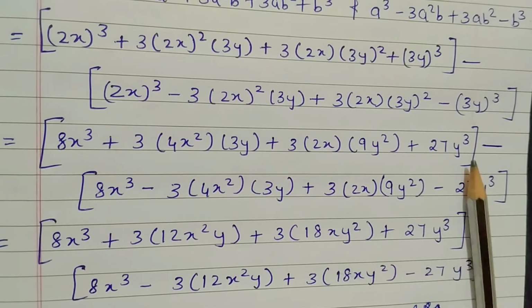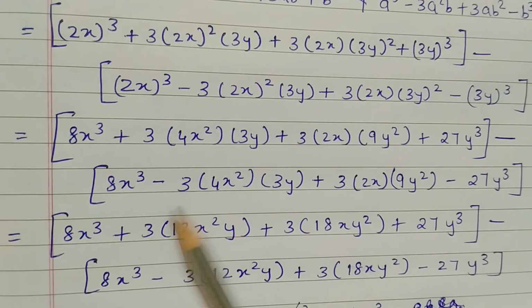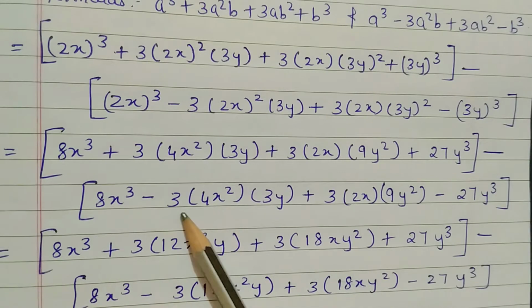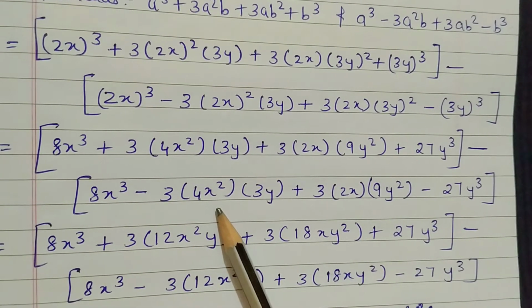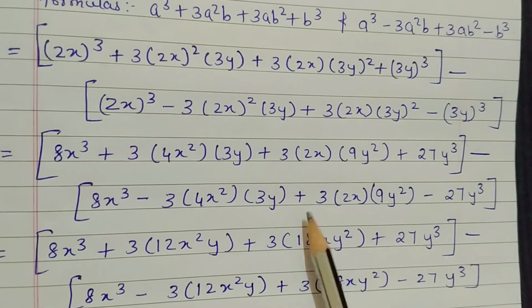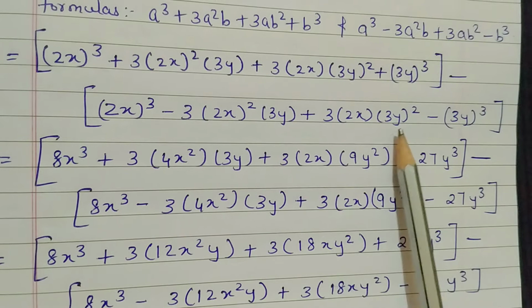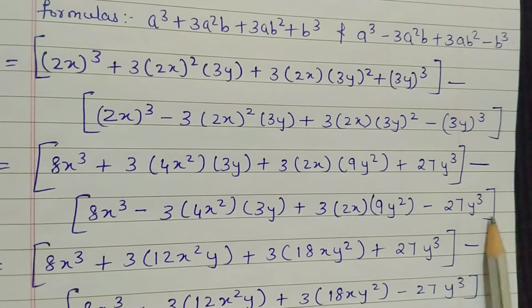Okay, square bracket close, minus, again open square bracket, again 2 raised to 3 is 8x cube minus, keep 3 outside, 2 raised to 2 is 4, 4x square into 3y plus 3, keep 3 outside again, 2x, 3 into 3 is 9y square minus 3 into 3 into 3 is 27y cube.